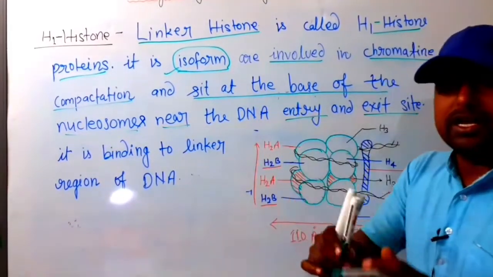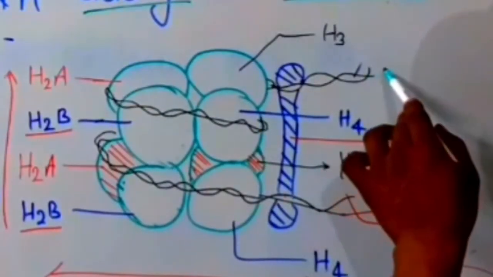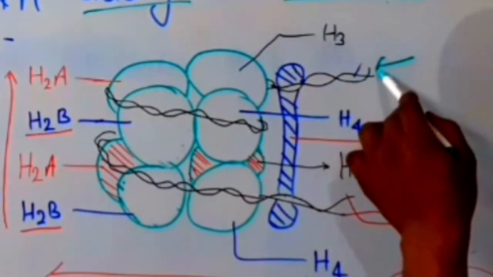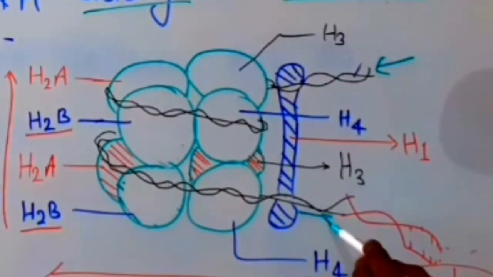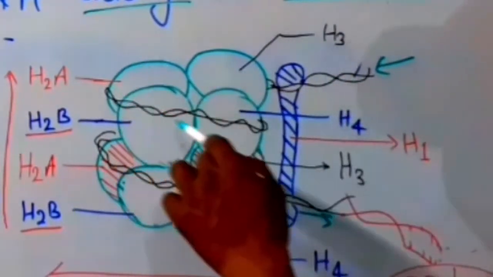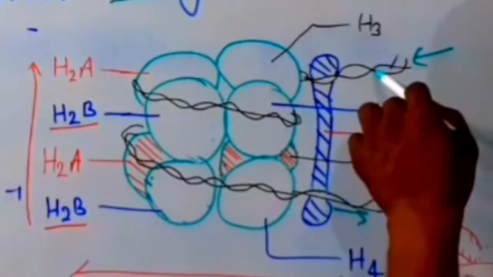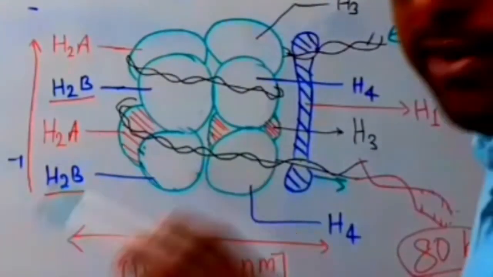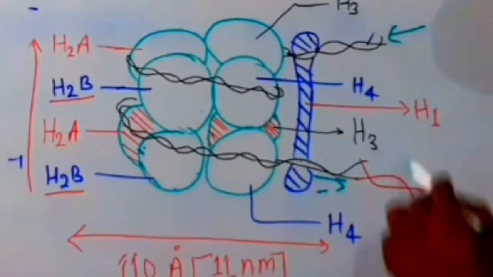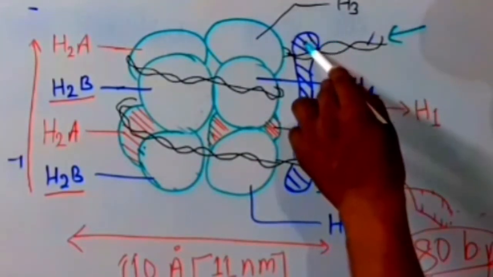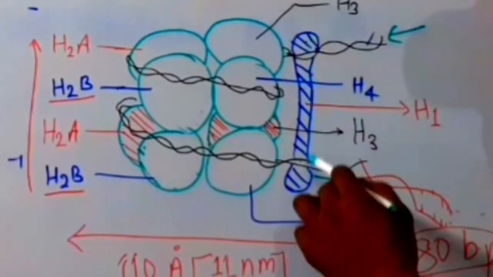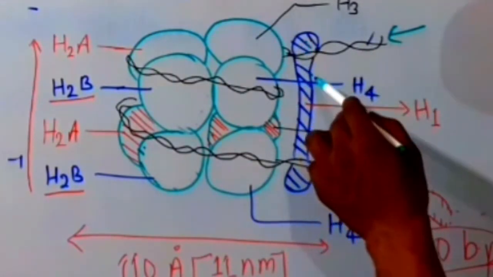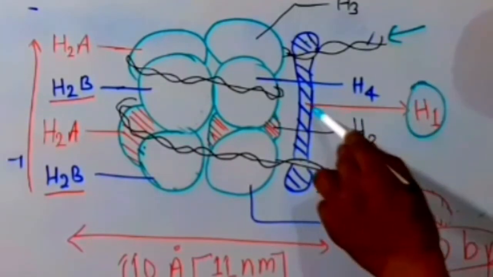Let us understand and discuss this point. This is the entry of the DNA and this is the exit of the DNA. It means the DNA is wrapped this way, entry and exit, and entry and exit. Finally, the DNA exits and enters here. At both the entry and exit points, the H1 histone protein occupies.